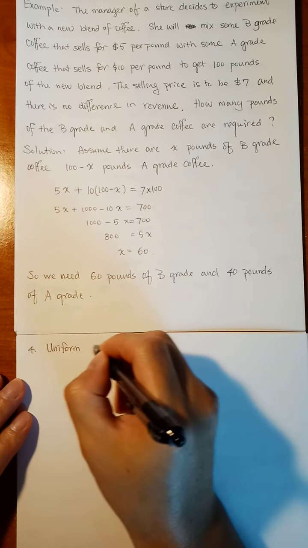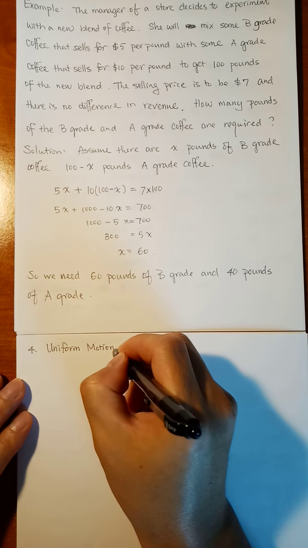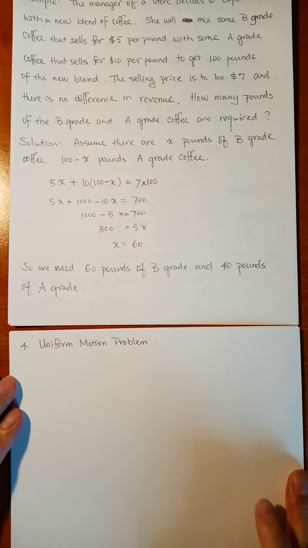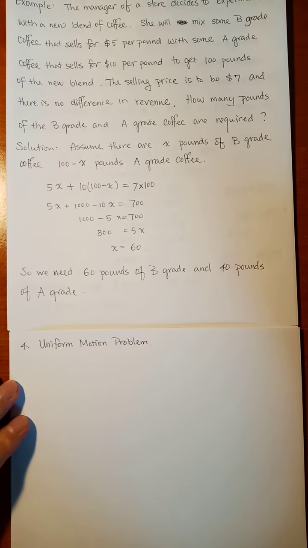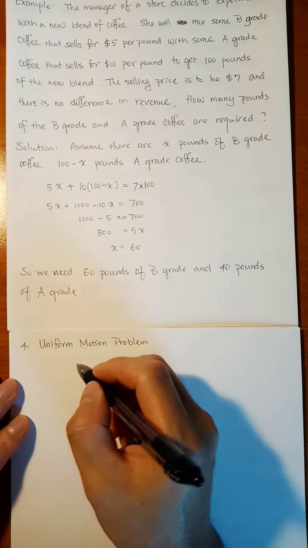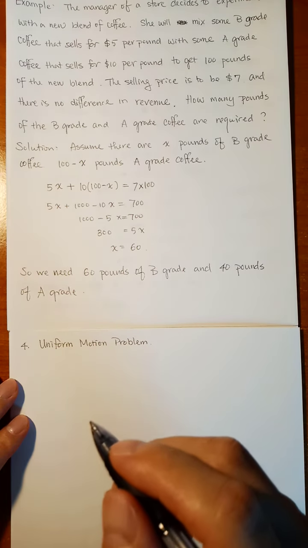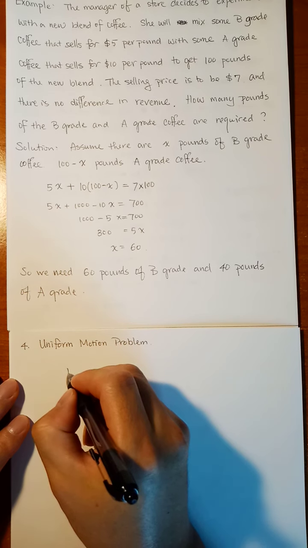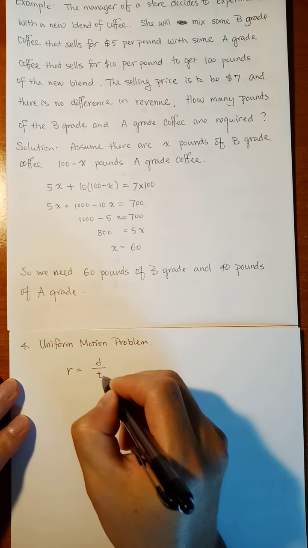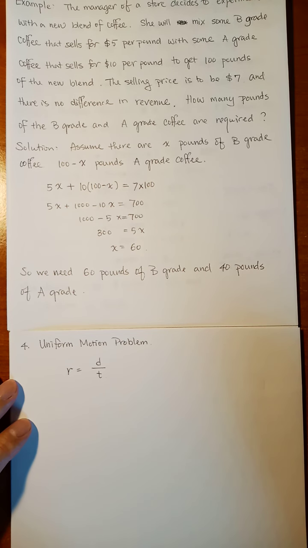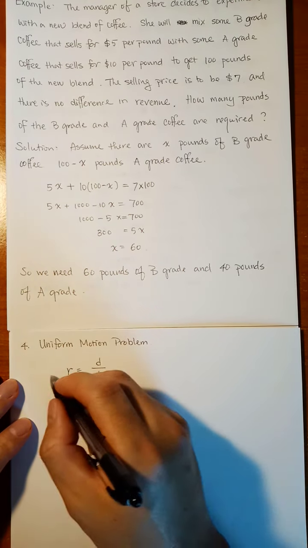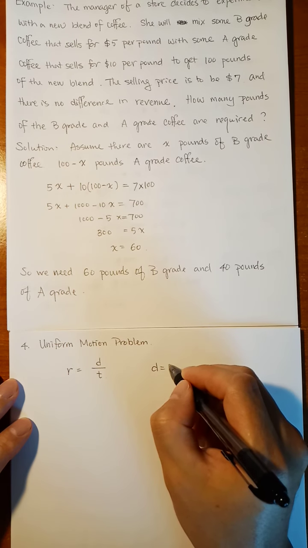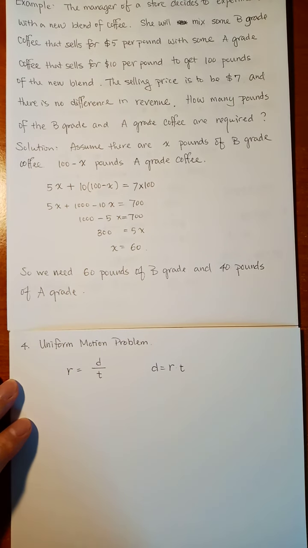Uniform motion problem. What is uniform motion? Like we already say that the speed is a constant, the distance and the time. The speed is distance divided by the time. In other words, if you move t to the left side, you will also get distance is speed times time.